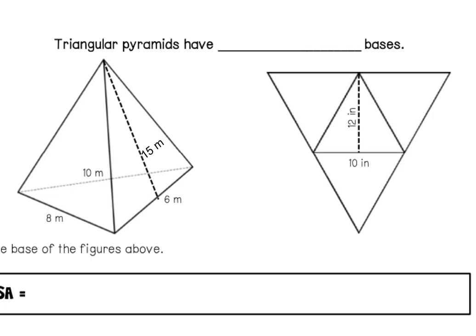All right, so triangular pyramids have triangular bases. So we're going to shade in those triangular bases. And then I am going to have you add a couple of things to your foldable that I meant to mark before I copied it and I didn't.